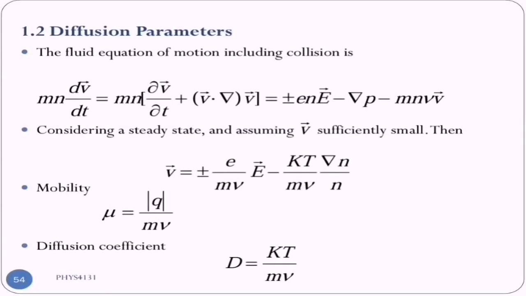The coefficients above are called the mobility and the diffusion coefficient, which are given as mu is equal to q mod over m nu is the mobility and D is equal to kT over m nu is the diffusion coefficient.